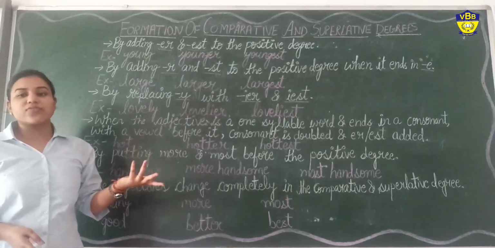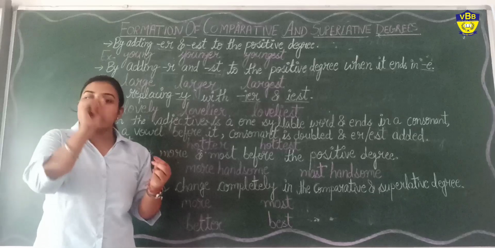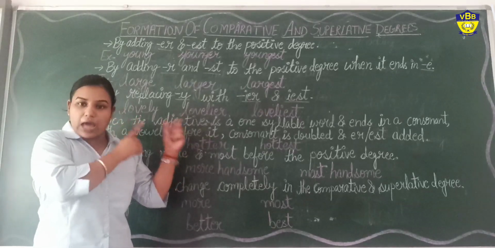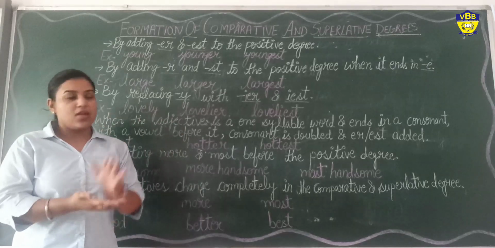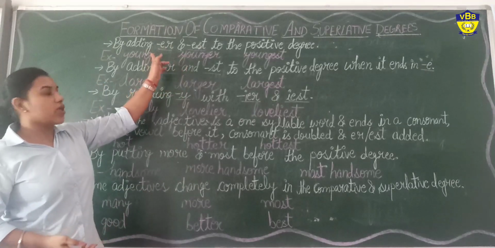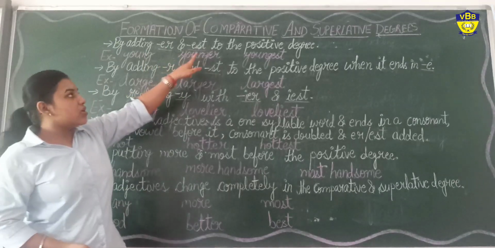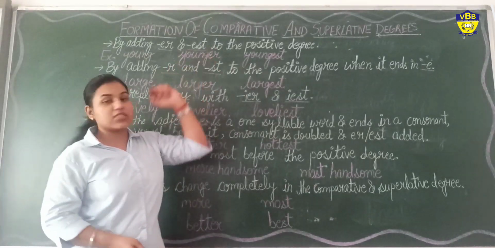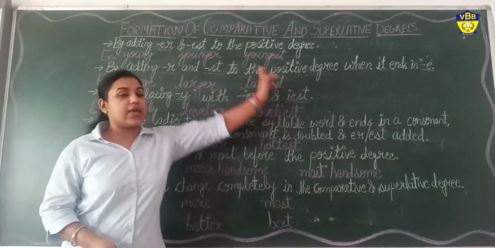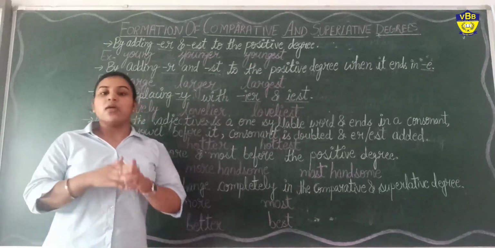So now what we have to do? We just have to add ER to that word young and then EST for the superlative degree. So if we add ER to young, we get younger for the comparative degree, and if we add EST, then we get youngest for the superlative degree.